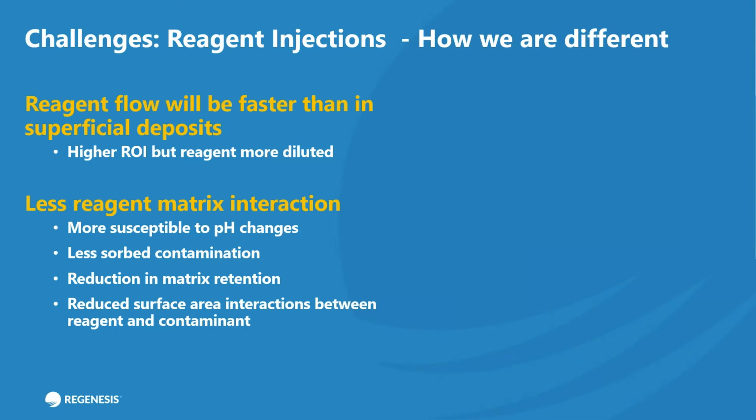However, this can all be ameliorated by the fact that the product will have been placed across a wider distance. So the contact may be greater as you have this wider radius of influence or distance in the direction of the groundwater and the contaminant transport. So it can work both ways.